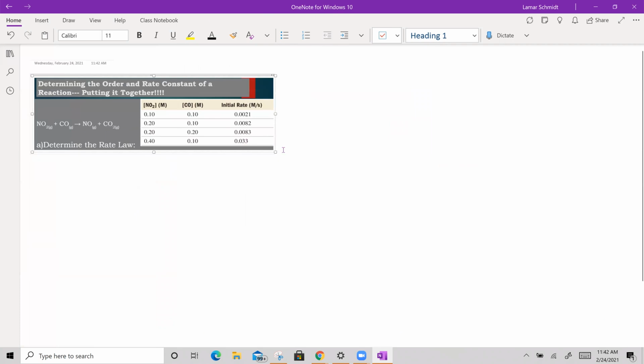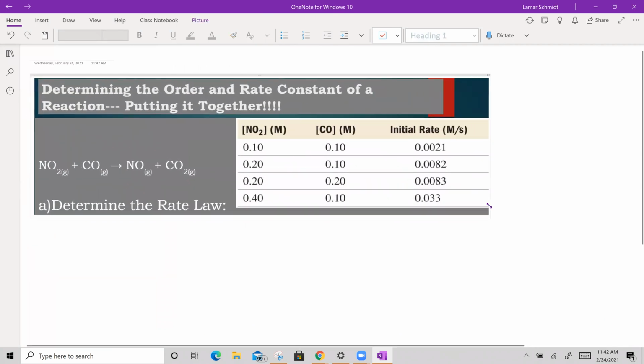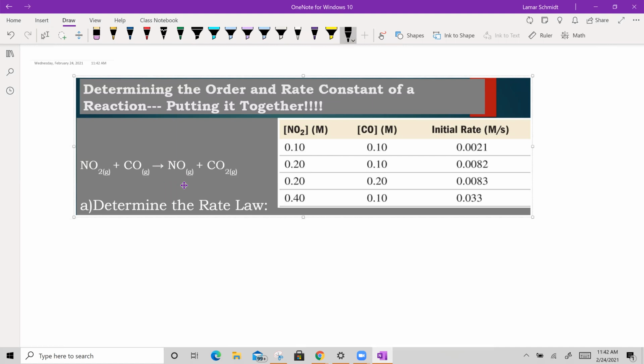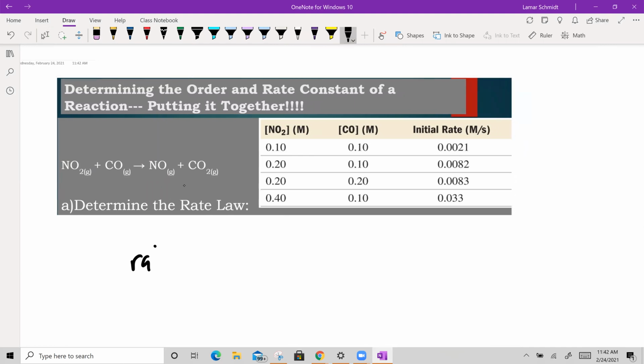So when we look at this, we need to determine the rate law. We can go ahead and write a generic rate law. What I mean by that is we can say our rate is equal to k, and this is only regarding the reactants, NO2 to the M, we don't know what it is, and CO to the N. We don't know what they are.